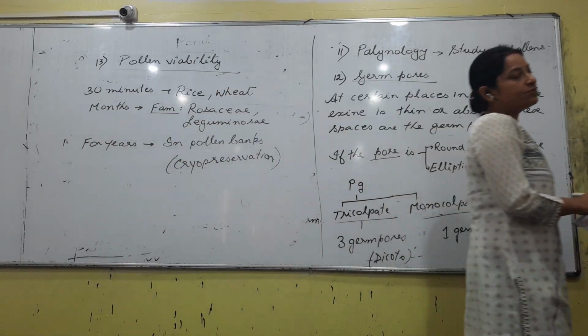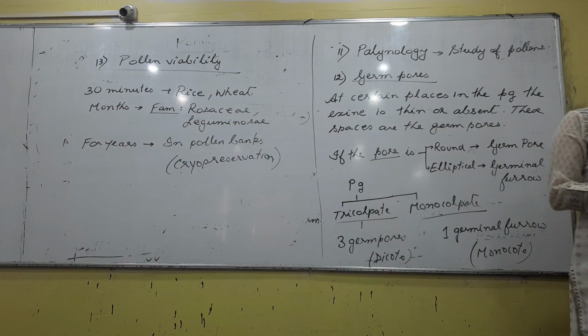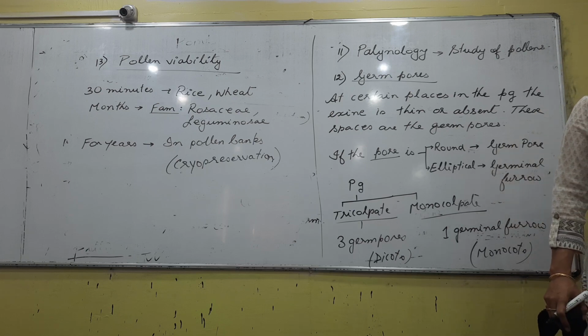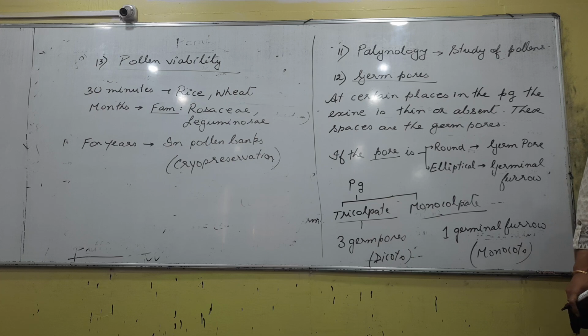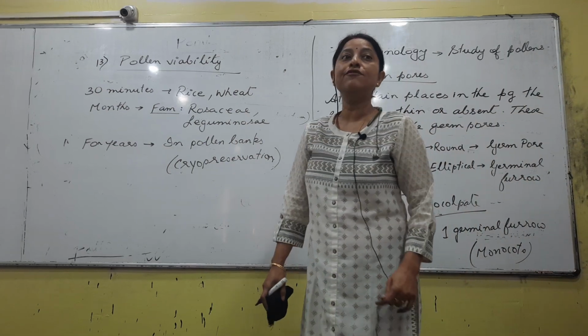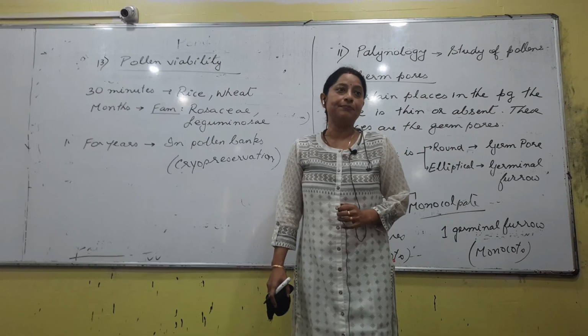So we have a term called pollen viability. What we understand by the word viable is the tendency to germinate, right? So as long as it has germination capacity, we call it viable pollen, it can germinate itself, right? Talking about different plants, their viability period is different, right? If we are talking about rice and wheat, the pollen grain will remain viable only for 30 minutes after pollination.